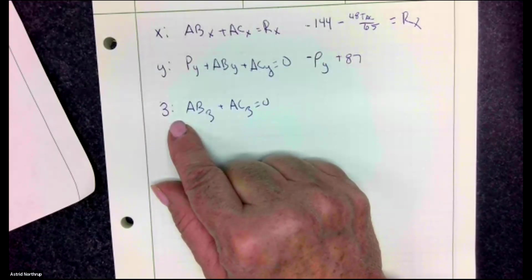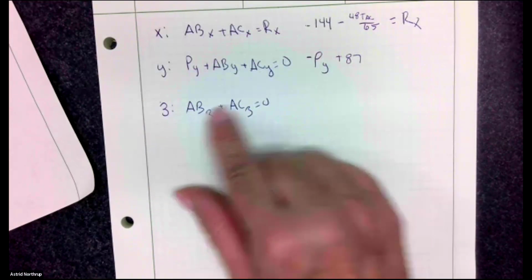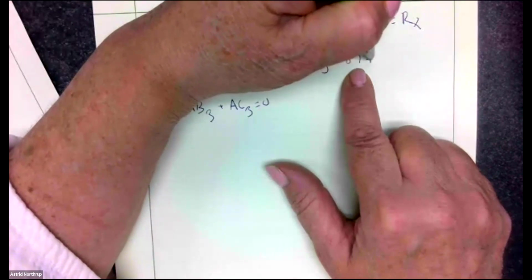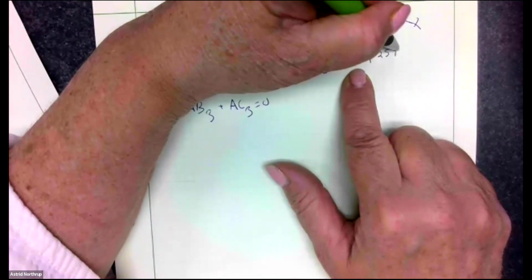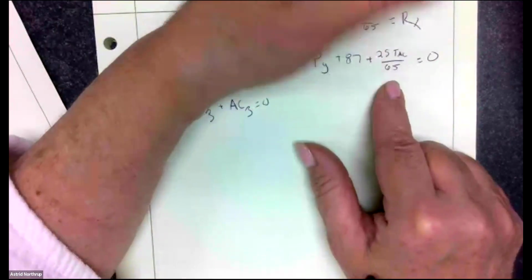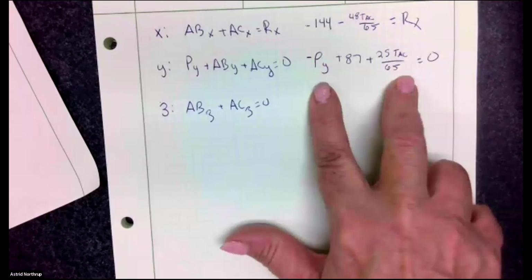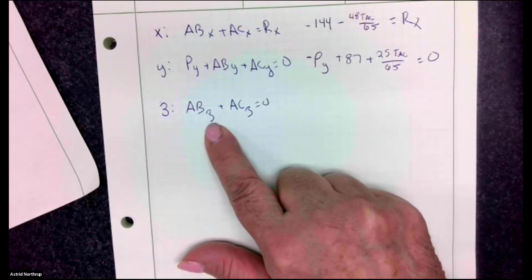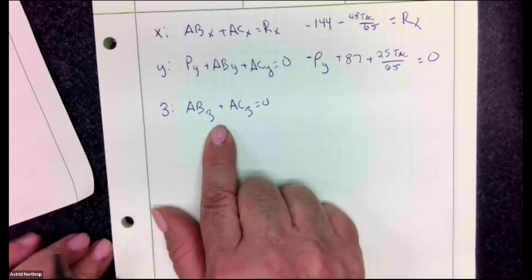And A sub CY is positive 25 TAC over 65. Those three things added together equal 0. Again, I have two unknowns, so I can't solve this equation directly. But this looks kind of promising right here.